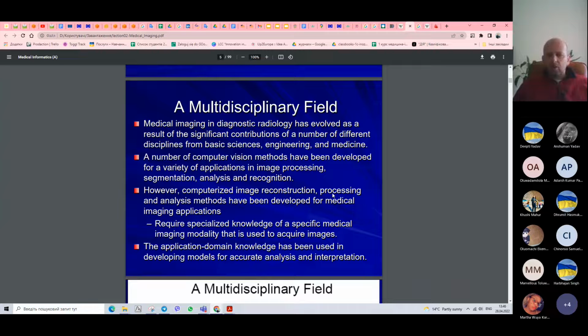However, computer image reconstruction, processing, and analysis methods developed for medical imaging applications require specialized knowledge of the specific medical imaging modality that is used to acquire images. The application domain knowledge has been used in developing models for accurate analysis and interpretation.